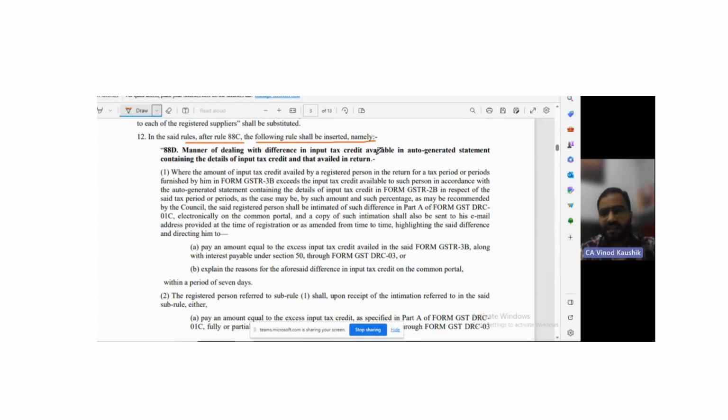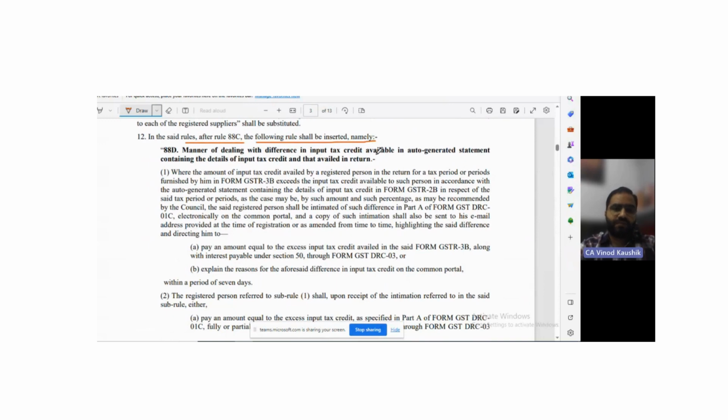So what is 88D talking about, friends? 88D is giving us a procedure wherein the system will auto-generate some mismatches on account of 2B versus 3B. Let's understand again that a taxable person files a return on a monthly basis, that is GSTR-3B, and in table number 4 of that return, the taxable person is claiming input tax credit.